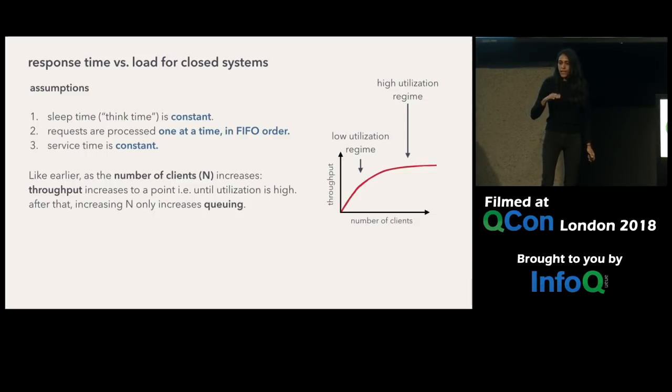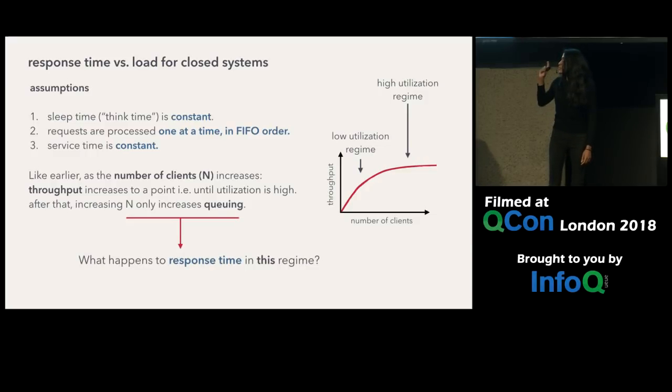Beyond that point, increasing the number of clients simply means your requests are starting to queue, which is why throughput grows in the low utilization regime and then flatlines. What we're interested in is what happens to response time in the high utilization regime.